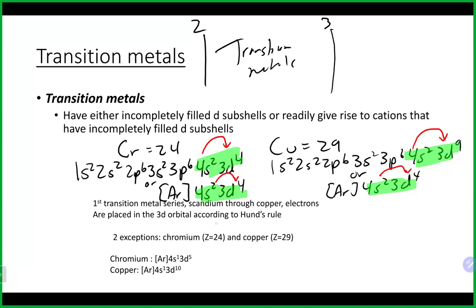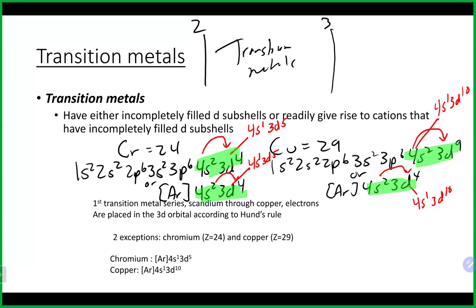The correct configuration at the end for chromium should be 4s1 3d5. And the same sort of thing over here for copper. This should be 4s1 3d10. And again, 4s1 3d10 would be the proper way.